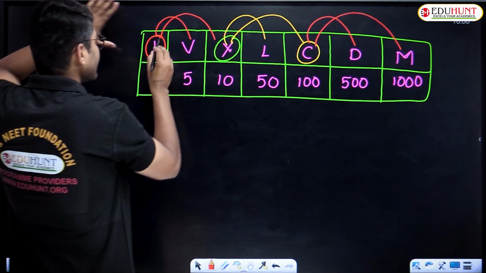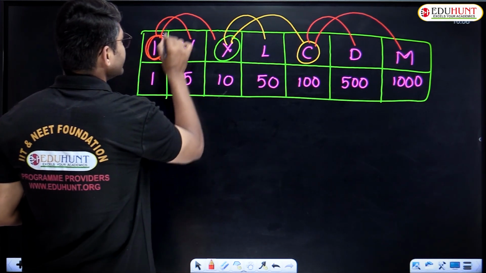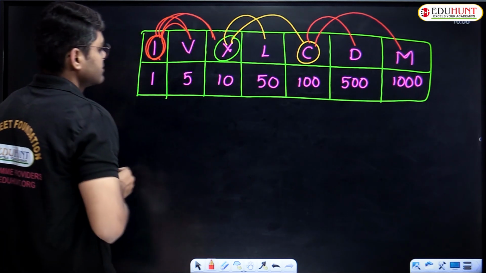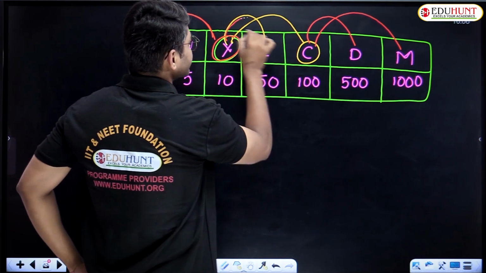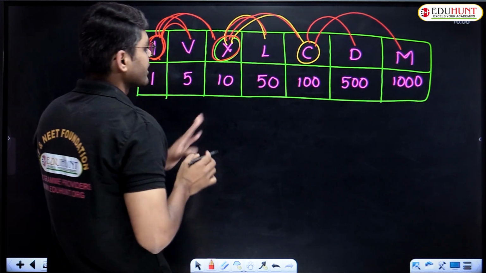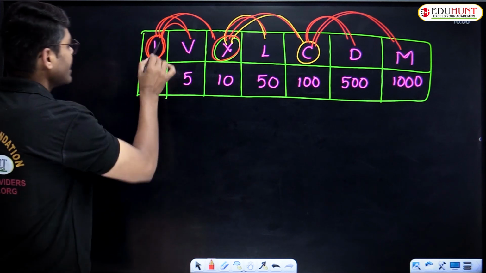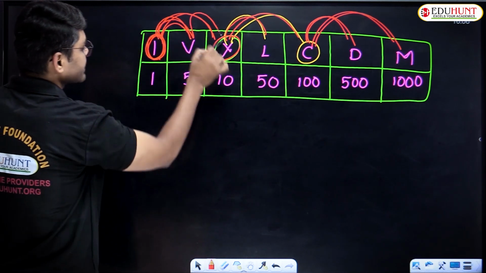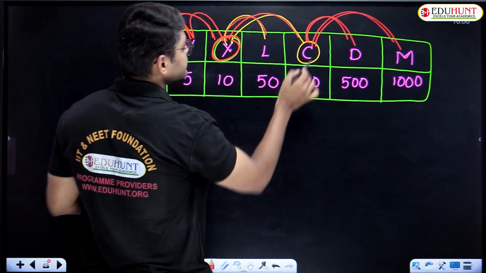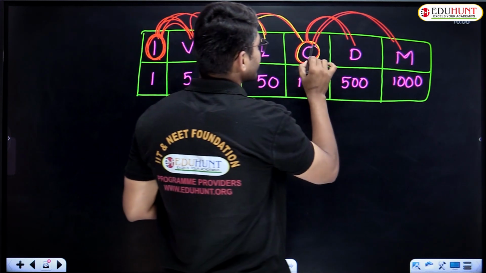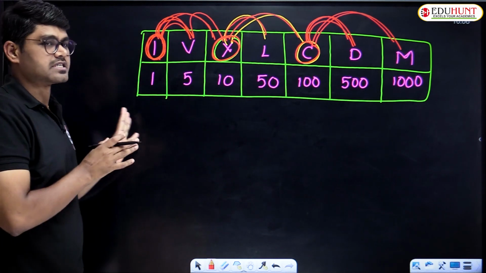See here, I can be subtracted from the next two digits, that is V and X. X can be subtracted from L and C. C can be subtracted from D and M. Here, leave V. Leave L. This is the simple pictorial representation.